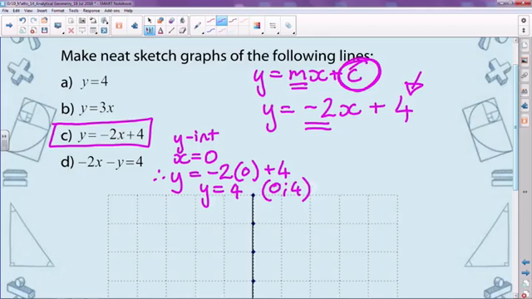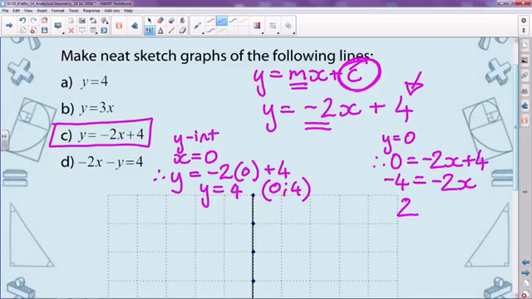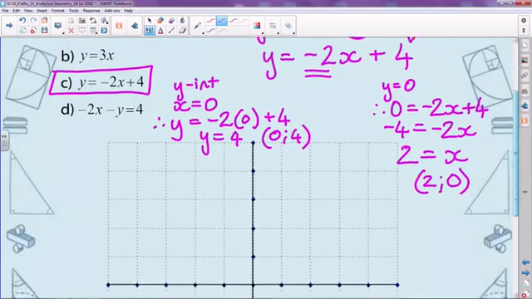Okay, my x-intercept is where I make y equal to 0. So 0 equals negative 2x plus 4, which means negative 4 equals negative 2x, and x equals 2, so that means our x-intercept is 2 and 0.